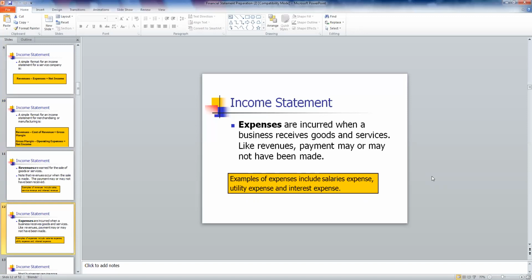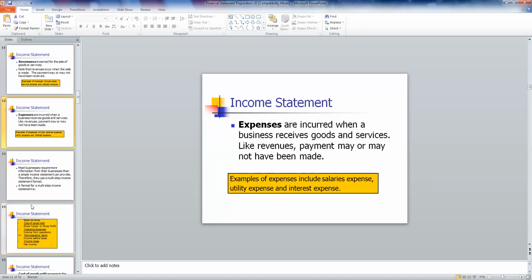Once that time period's over, let's say I'm looking at how did I do this past month, anything that I've incurred, even if I have not yet paid for it, even if I haven't received the invoice for it yet, I should still recognize as expense. So expenses are recognized when they're incurred, and this is the accrual basis of accounting.